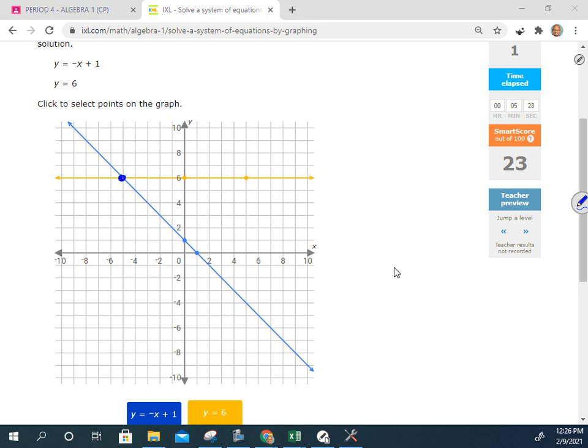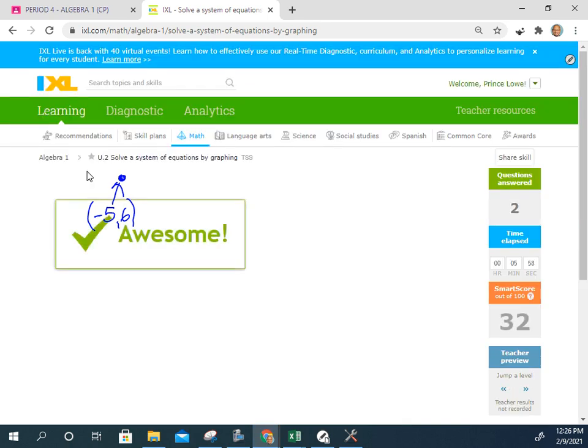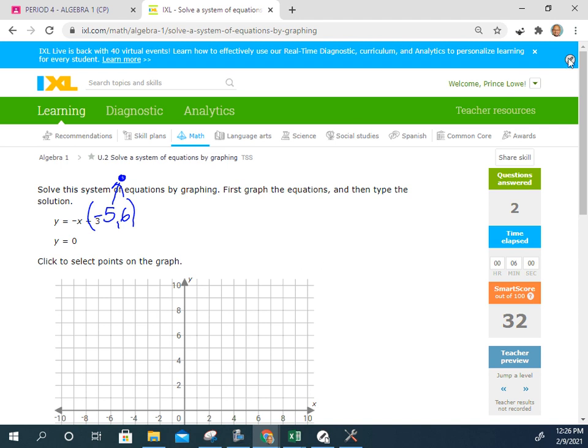That's 1, 2, 3, 4, 5 to the left, and 1, 2, 3, 4, 5, 6 up. Negative 5, comma 6. So scroll down, type in negative 5, comma 6, and we keep it moving.